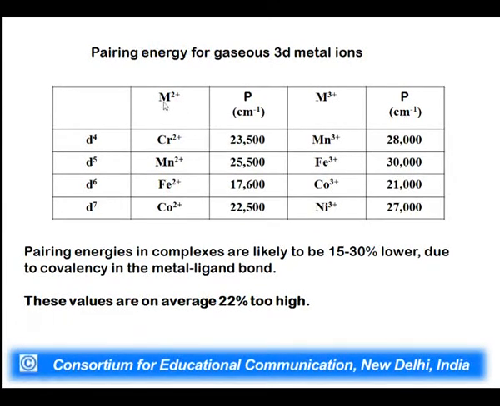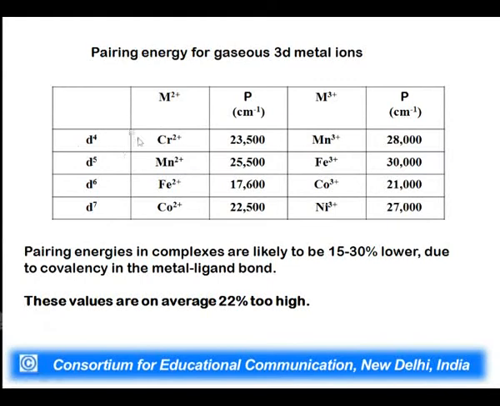Now, going from lower to higher oxidation state causes more attraction between the nucleus and the electrons. Therefore, the d orbital size starts contracting, and the electrons which are going to pair up in these contracted d orbitals experience an increased effective nuclear charge. Therefore, we expect the pairing energy to be enhanced.